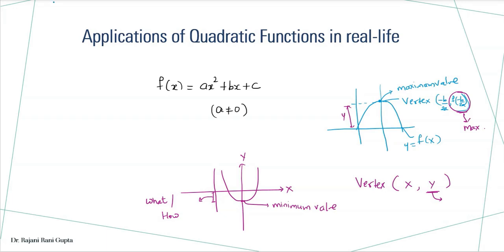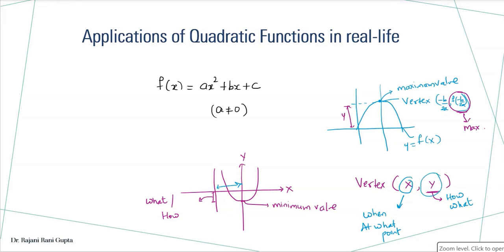Now, on the other hand, they may ask you at what point you reach the maximum value. It means this distance, that is the x value. So you use the value of x when they ask at what point, or when, you reach the maximum or minimum value. And whenever they ask you how much is the maximum value, how much is the minimum value, or what is the minimum value, it's the value of y.